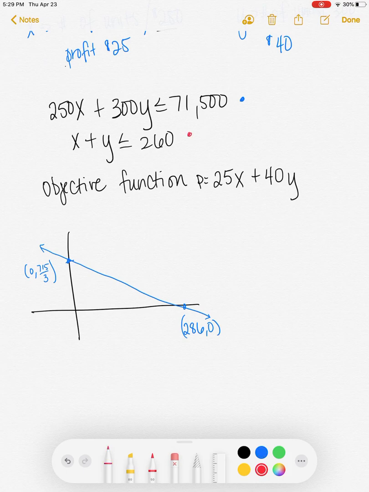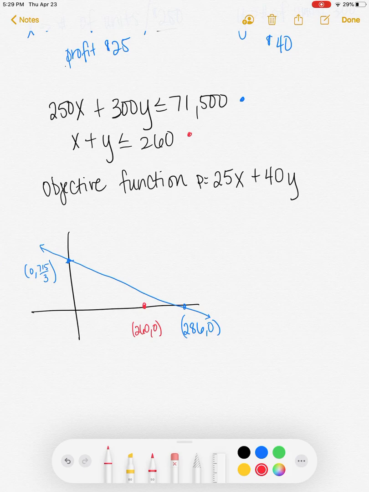All right, my next one, let's graph in red. That's this guy right here. So we know that x plus y has to equal 260. Again, I did the intercept method. If I want to find the x-intercept, I plug y as 0. So that means x would be 260. All that mattered to me is that it was before the 286 here. So this is going to be (260, 0).